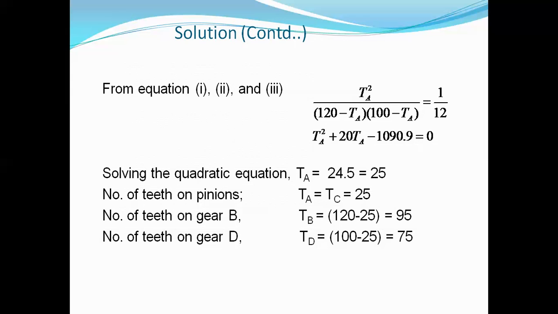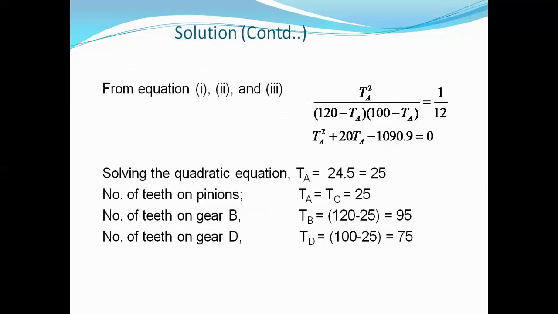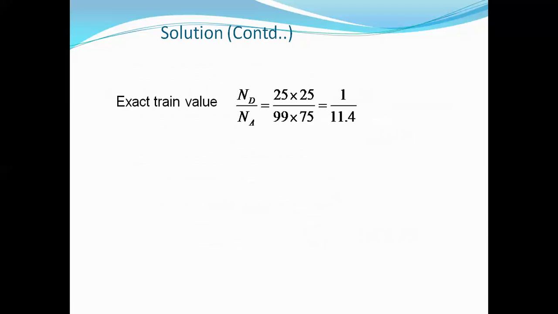And we are going to calculate the total speed reduction. Actual speed reduction ఎంత అనేది అనుకోవాలి. తెలుసు కదా, ND by NA is equal to TA into TC, teeth on driver divided by teeth on driven gear. So TA into TC divided by TB into TD, 25 into 25, ఇక్కడ 95 into 75 చేస్తే మనకు 1/11.4 వచ్చింది.